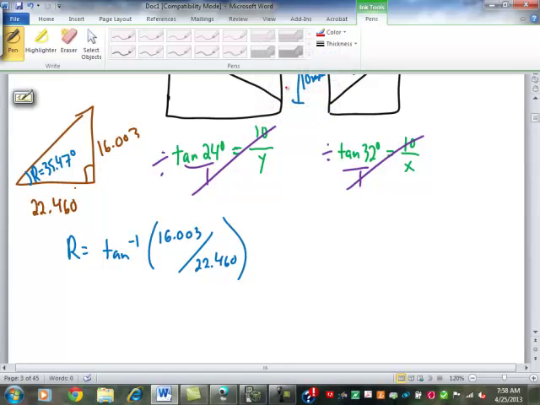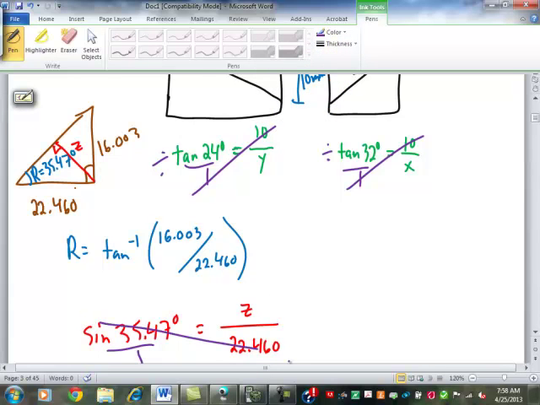Now what do we do? Take the sine of that angle we just figured out. Yep. So we're going to cut that angle across there, and it's going to be the sine of 35.47 degrees equals Z over 22.46. So we put this over 1.